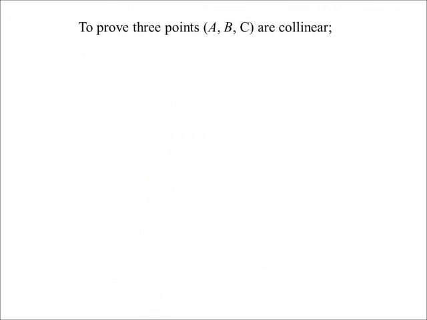So if you want to show 3 points are collinear. So collinear, of course, means on the same line. Co meaning together, linear, line. So together on the same line. What I think is the easiest way of doing it is find the slope. It doesn't matter which two, you pick any 2 points. So I've said AB, I'll find the slope of AB.